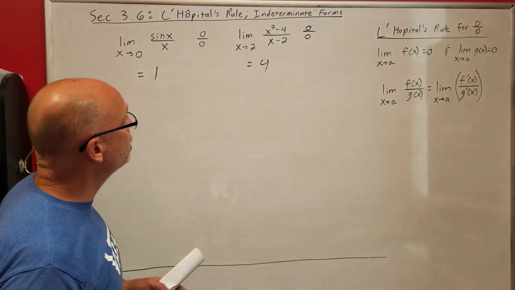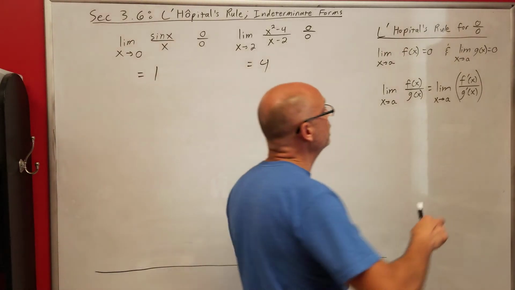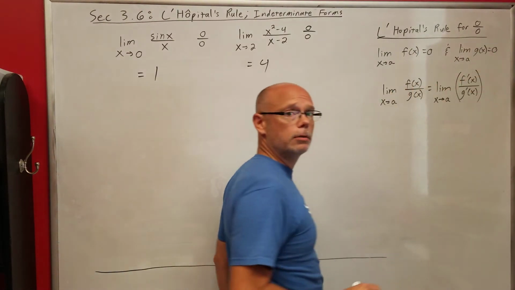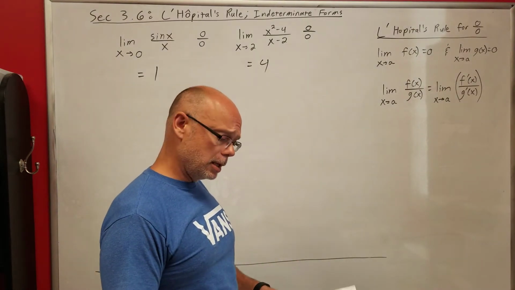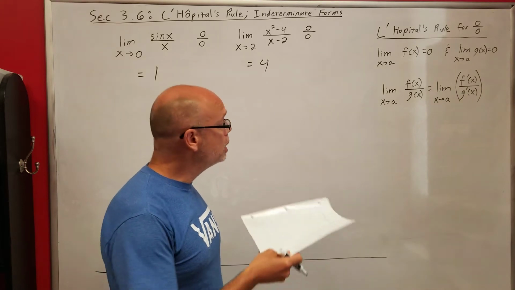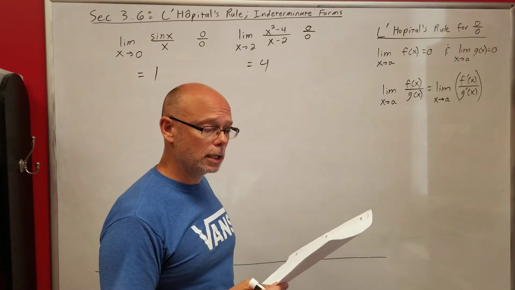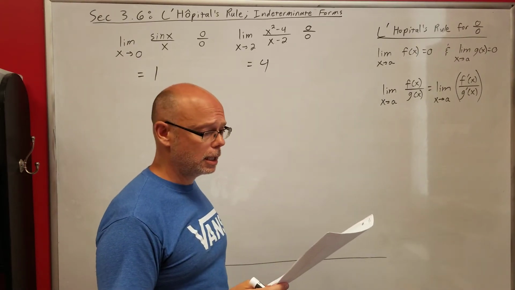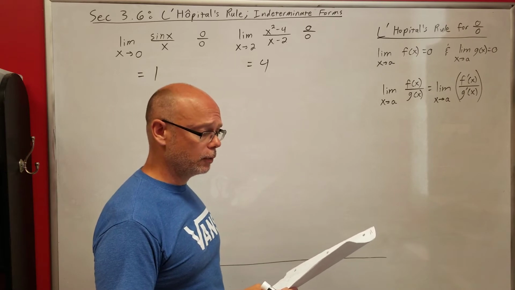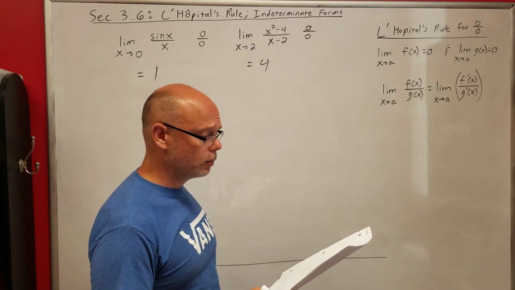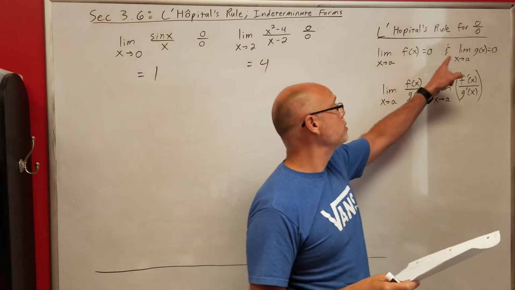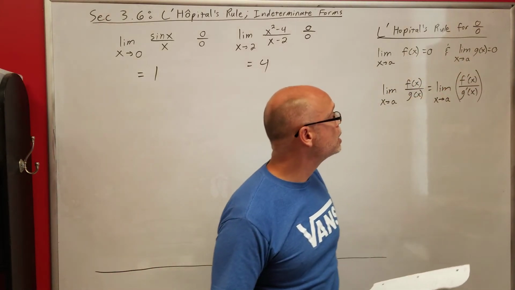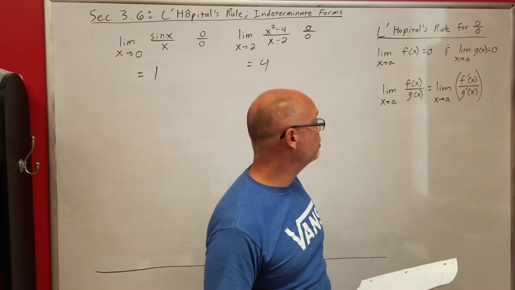All right, so we're going to learn a rule real quick for dealing with indeterminate form 0 over 0. L'Hopital's rule for 0 over 0. Now, this says a whole lot, actually. I'm not going to bore you with the details on the video, but you can look at it in the notes. It says, suppose we have differentiable functions and so forth, and the limit as x approaches a of f of x is equal to 0, and the limit as x approaches a of g of x is equal to 0.